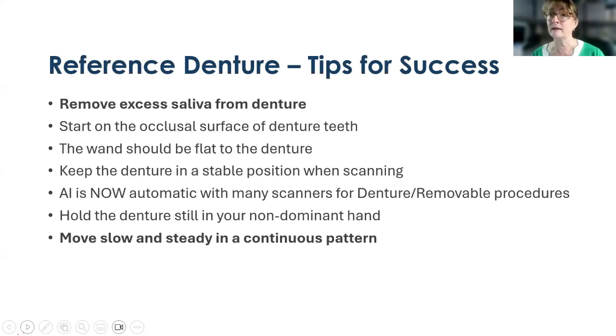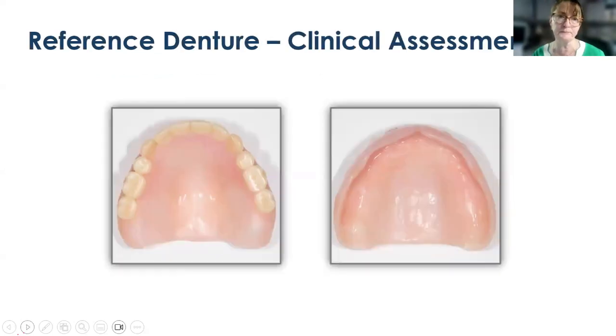I've tried it. I wish you luck. I have not seen that to be successful. And last but not least, keep that slow, steady, sort of continuous pattern. And we say slow to start off, but truly you will become faster and faster as you get more accustomed to it. And that's fine as long as the images are stitching together.